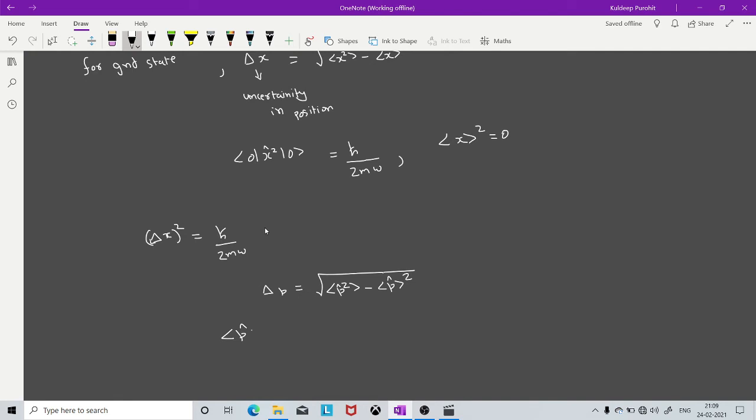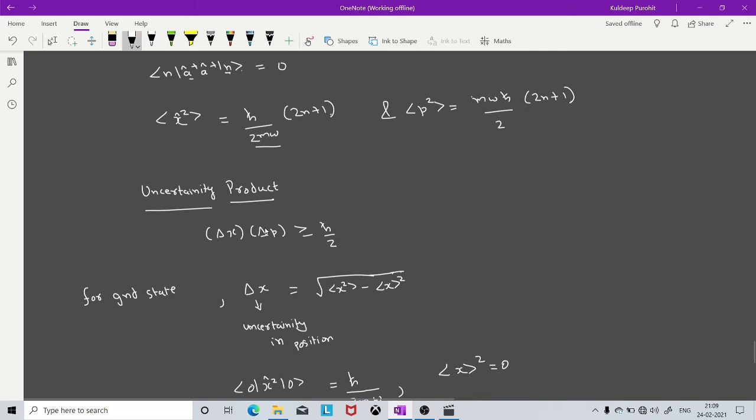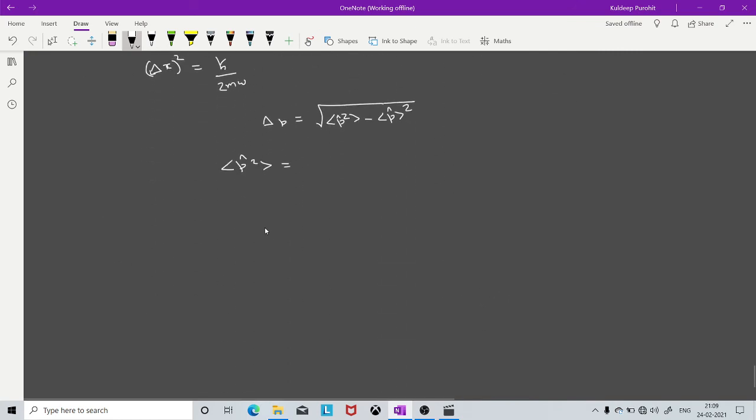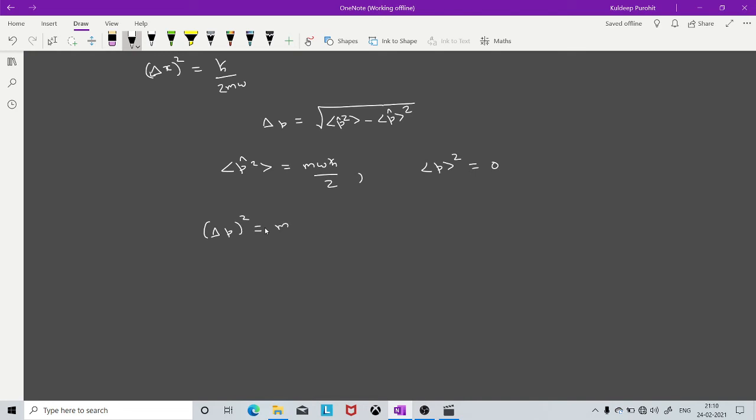For n equal to 0, the expectation of p square will be m omega h cross by 2, and as we know the expectation value of p is 0 for any state, its square will also be 0. So I can write that delta p square is equal to m omega h cross by 2.